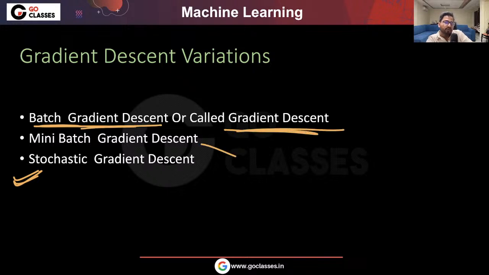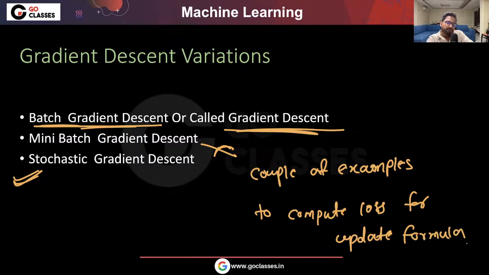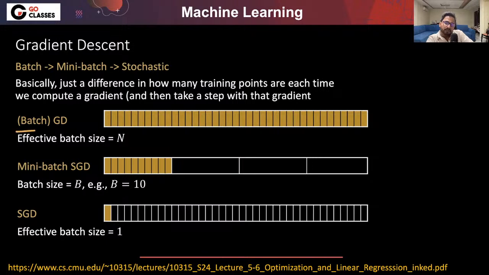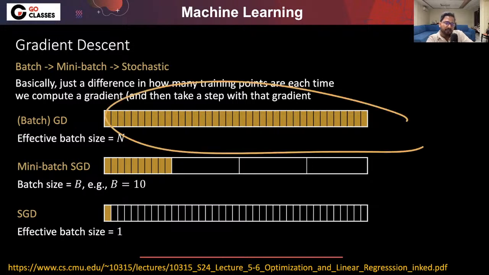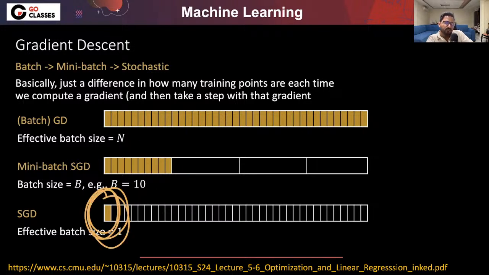And there's a midway also: you don't take the whole data, you don't take just one example, you take a couple of examples to compute the loss for the update formula. So batch gradient descent takes the whole batch. Mini-batches take just a chunk of it. Stochastic takes just one example.